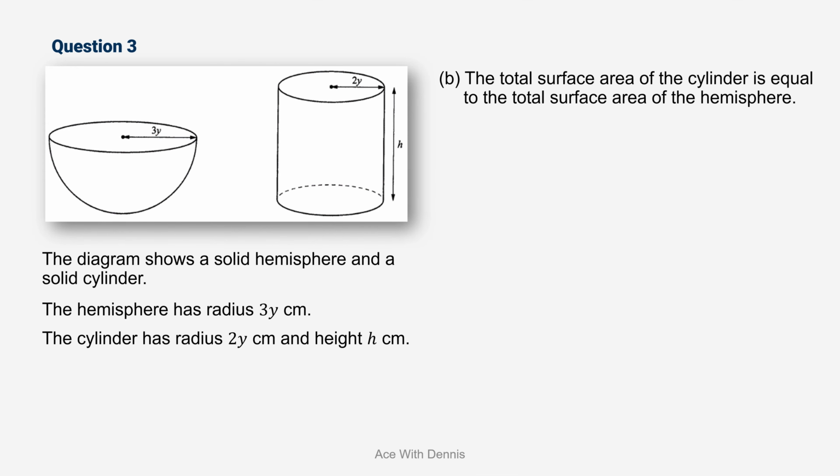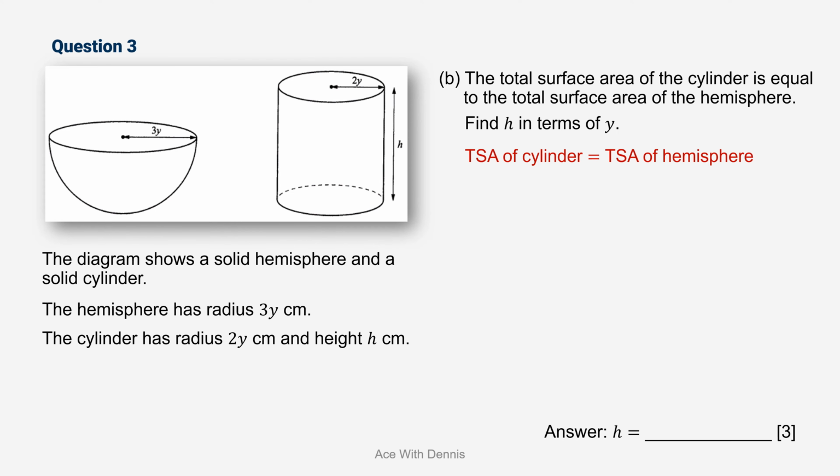B. The total surface area of the cylinder is equal to the total surface area of the hemisphere. Find h in terms of y. 3 marks. So given that the total surface area of the cylinder equals the total surface area of the hemisphere, we can determine the total surface area of the cylinder, which is 2 circles plus the curved surface, hence it will be 2 pi r square plus 2 pi r h.